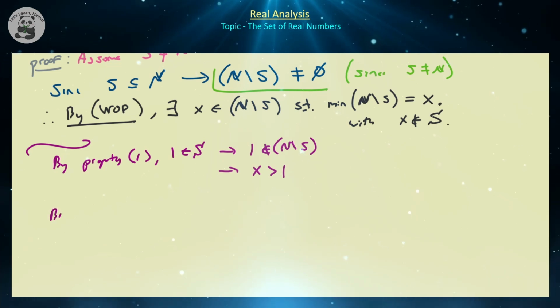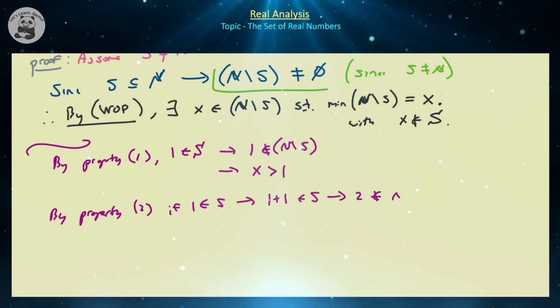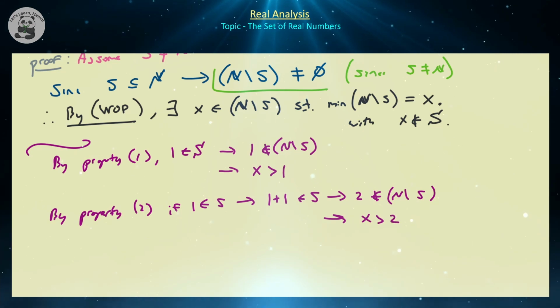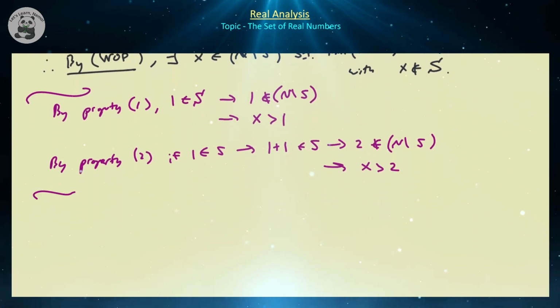And by property 2, if 1 is an element of S, that means 1 plus 1 also is an element of S, which means that 2 does not belong to N take away S, which means that x is bigger than 2, right? The minimum of N take away S is bigger than 2, right?